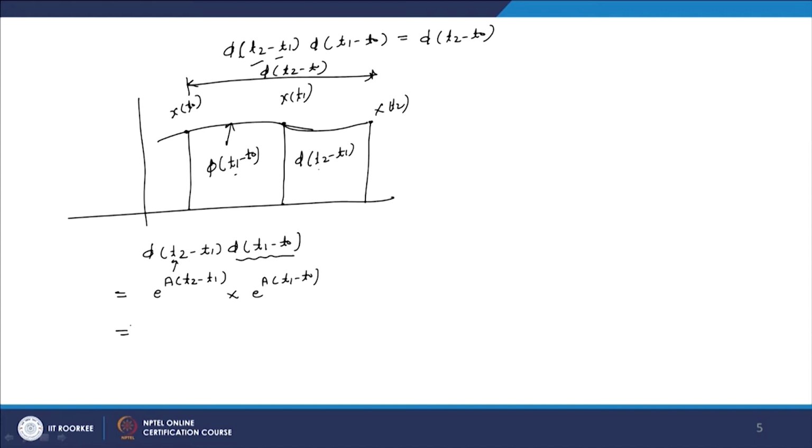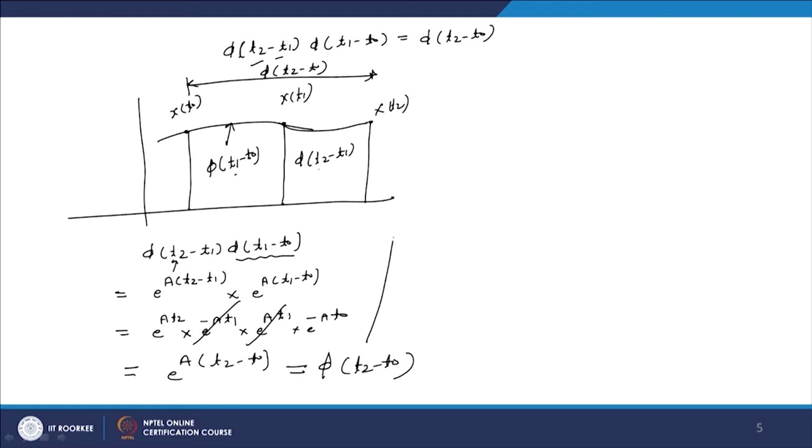Now we solve this one. We can write e raised to a t2 minus a t1, multiplied by e raised to a t1 minus a t0. Now you see here, minus a t1 and plus a t1 will be cancelled. So what we will get is e raised to a into t2 minus t0, and that is nothing but phi of t2 minus t0. Now we have proved this part.